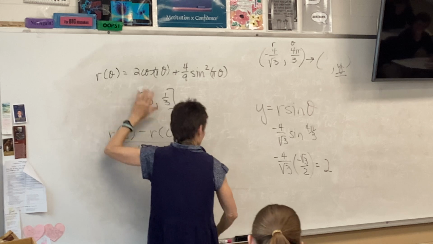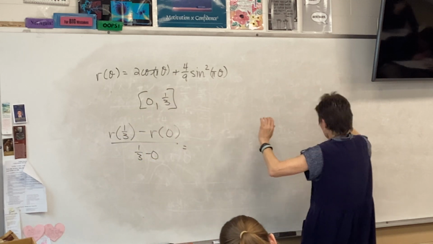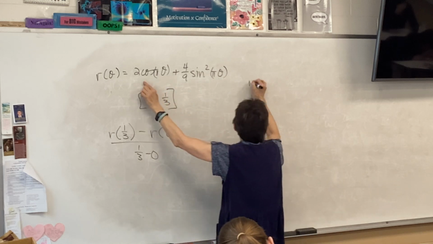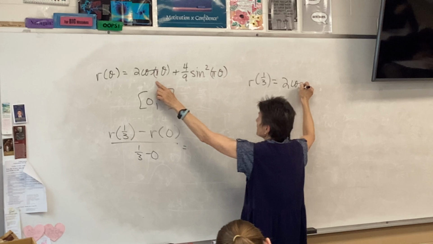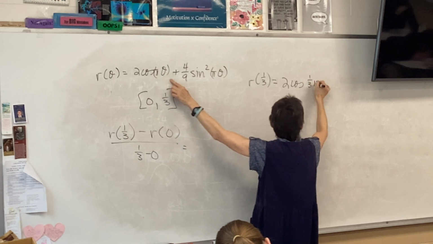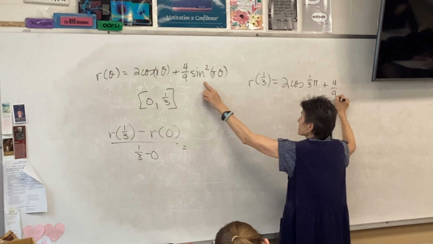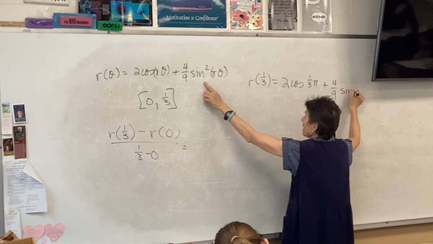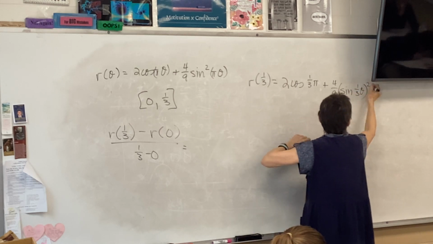Alright, so if I plug in the third, I'm going to have 2 cosine 1/3 pi plus 4/9 sine 1/3 pi squared.